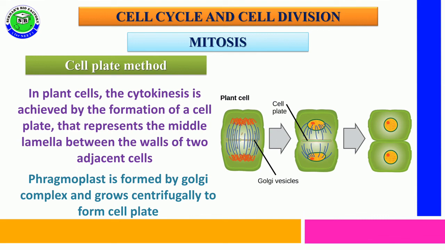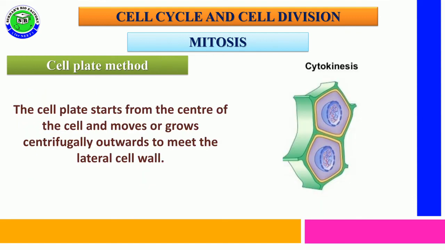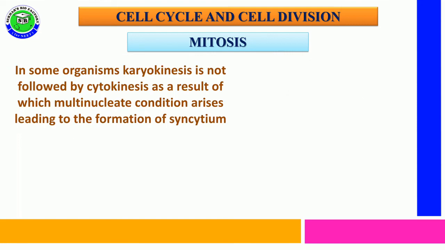The growth of the phragmoplast from the center to the periphery is called centrifugal growth. The cell plate starts from the center and moves towards the periphery centrifugally, and then it divides the cell into two daughter cells by forming a wall in between them. This is called the cell plate method.